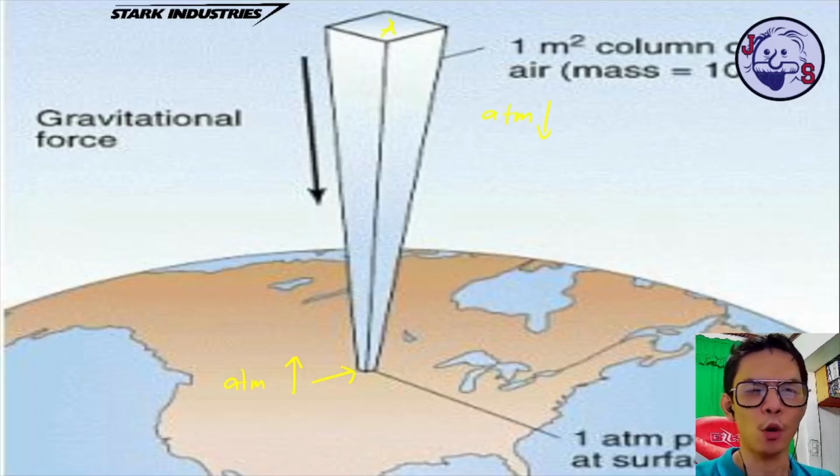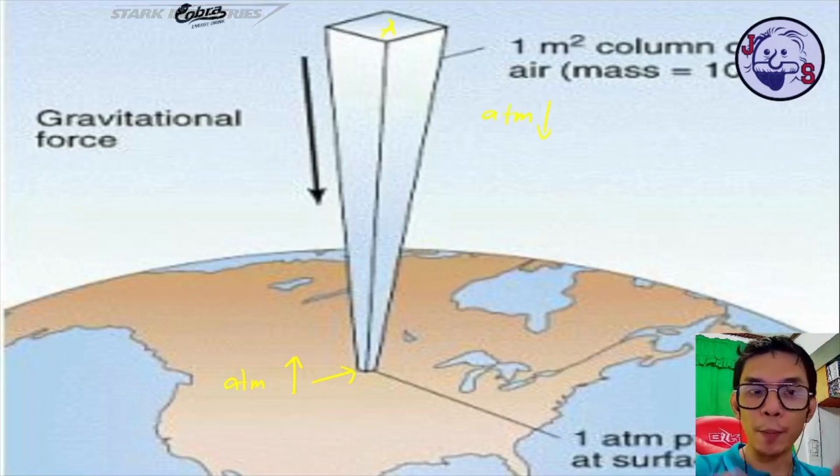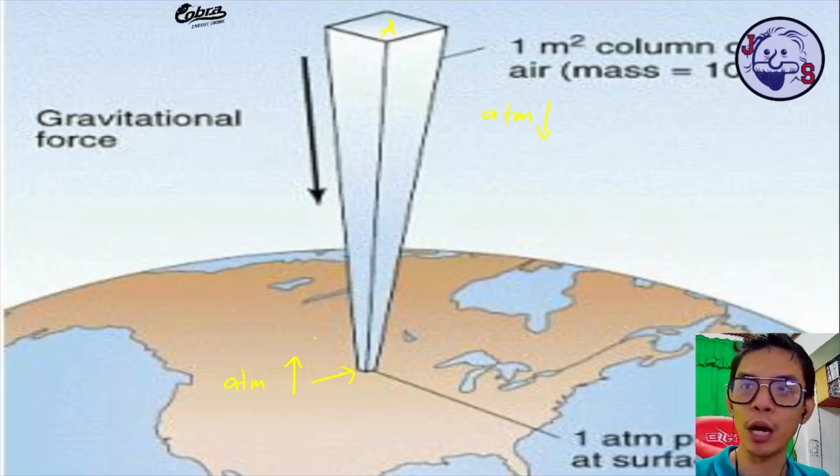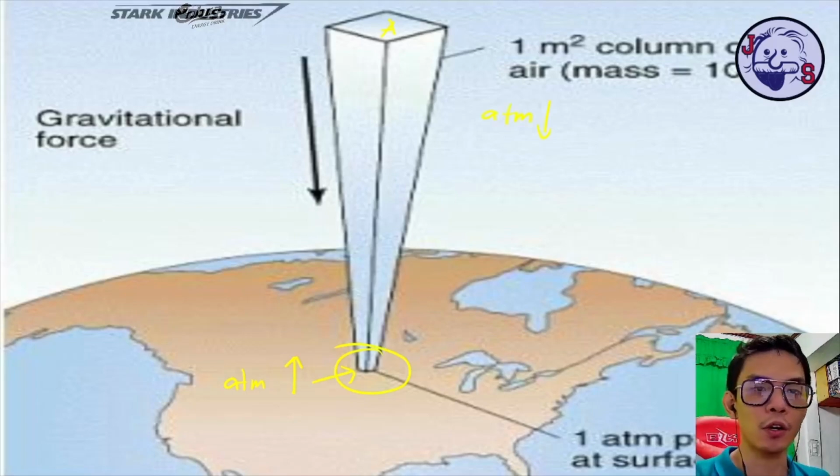So what happens to the molecules of air as the area increases? The molecules of air separate at a greater distance. Unlike over here, since your area is decreasing, the molecules are not separated at a greater distance.